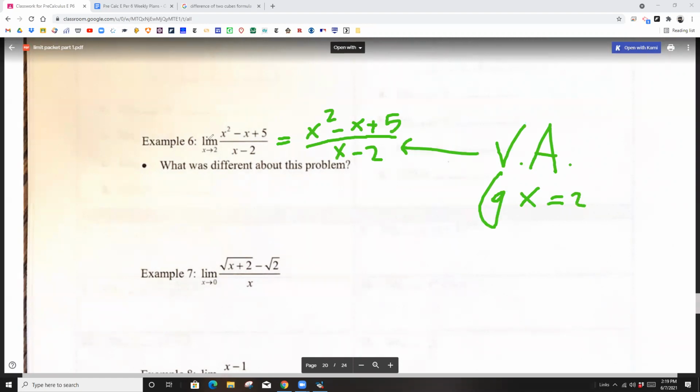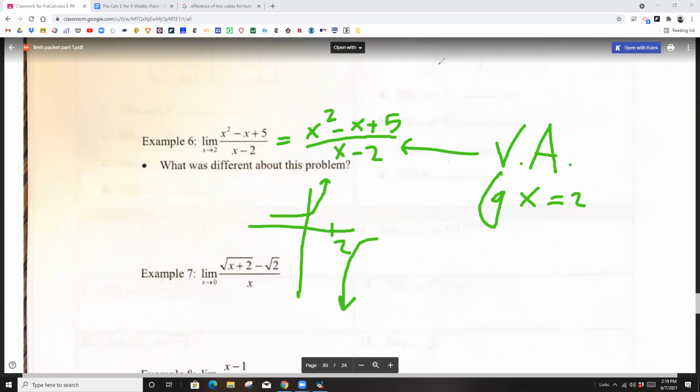So if we were to sketch this graph, as we approach 2 from one side, it may approach infinity. From the other side, it may approach negative infinity. Since it approaches different values from either side, and doesn't approach a specific value, when there's a vertical asymptote and it's asking for the 2-sided limit, you could just say the limit doesn't exist, because there's no specific number that y is approaching as x approaches 2.